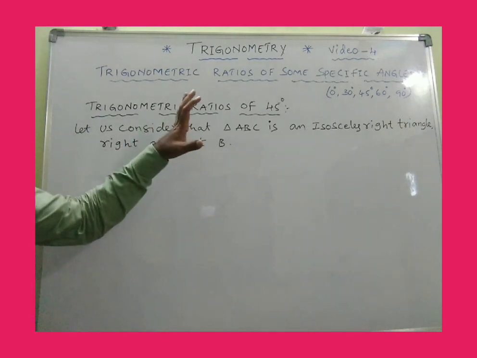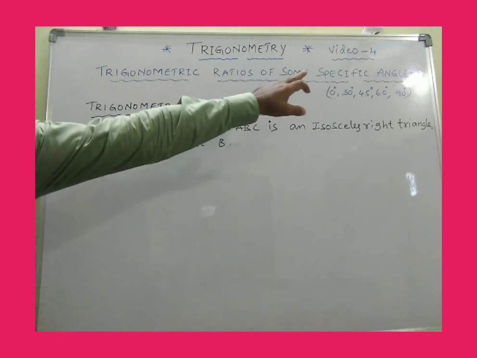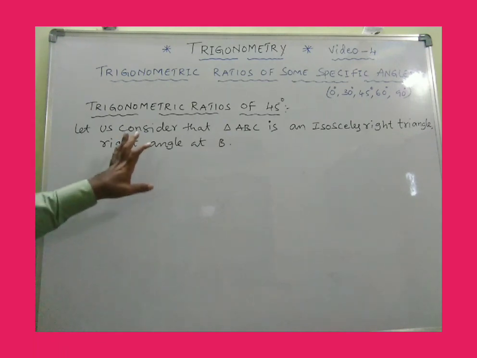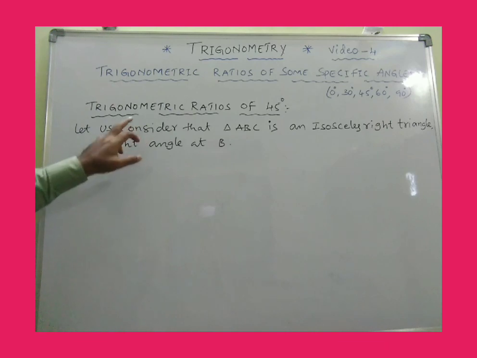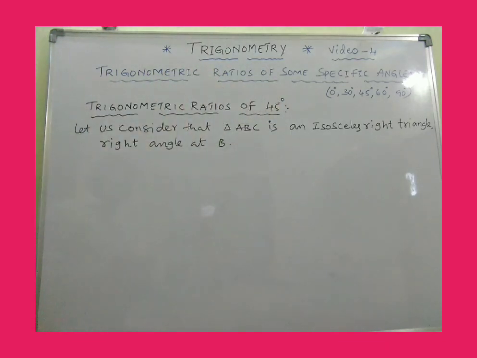So we are discussing trigonometric ratios of some specific angles, especially 0 degrees, 30 degrees, 45 degrees, 60 degrees and 90 degrees. So first of all, let us see the trigonometric ratios of 45 degrees.